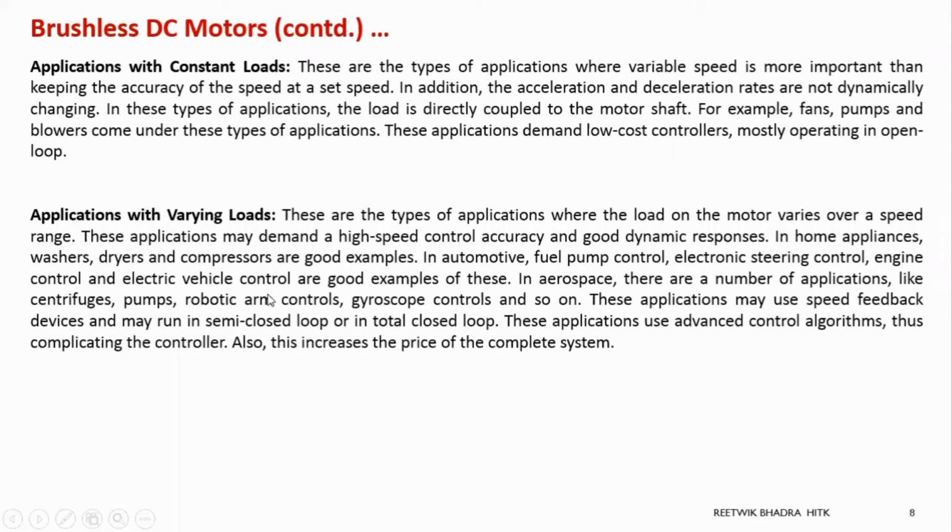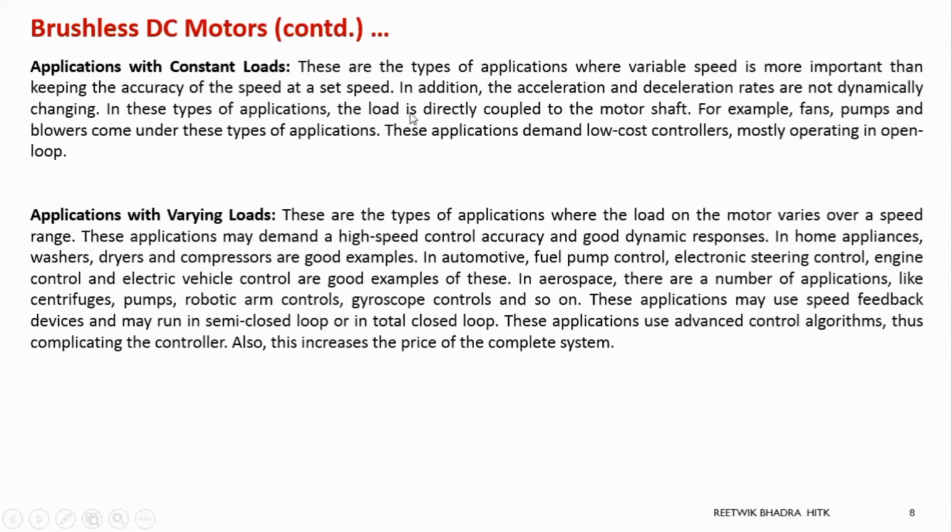You can't just sit somewhere else and every 1 second the speed of the fan is changing. The speed is constant. Only if you move the knob of the fan on the switchboard, then the speed changes. So acceleration and deceleration rates are not dynamic over there. So these are the type of applications with constant loads.